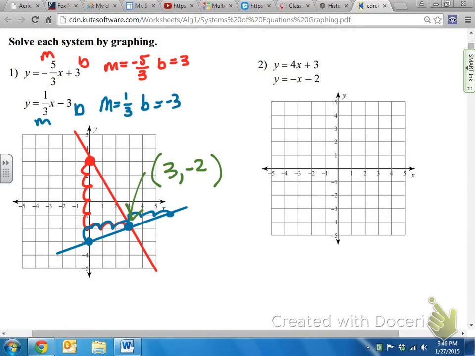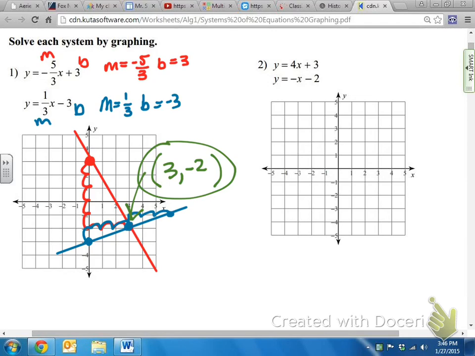Whenever you graph two lines, there's going to be a place where they cross each other, and that place is called the solution. That's how you solve it. So you want to graph both lines and then point to the spot where it crosses and write the ordered pair where it crosses. So here it crosses at 3, comma, negative 2.